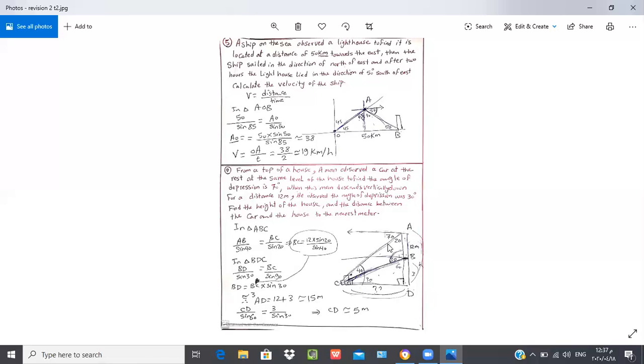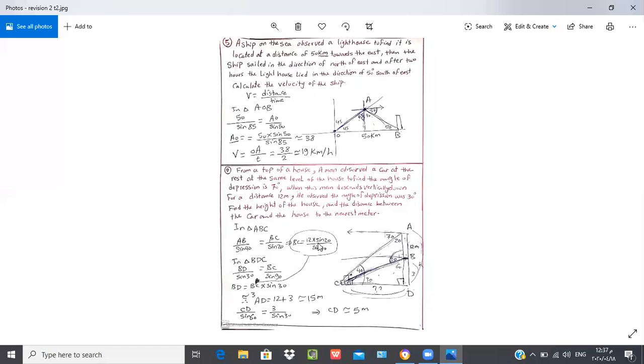Or you can say 90 from here, 70 and 20. Here is 90 and this is 30, so this angle is 120.